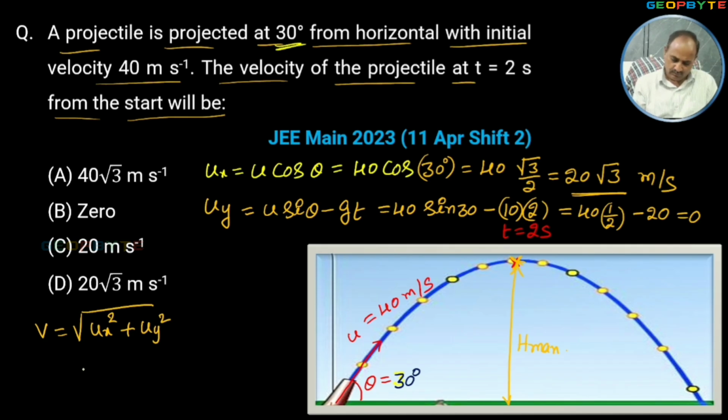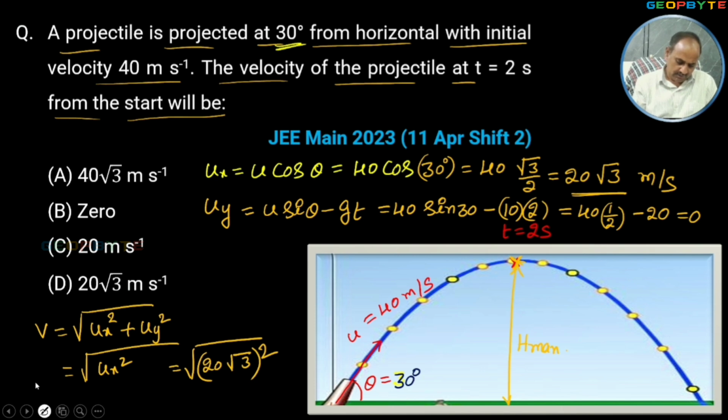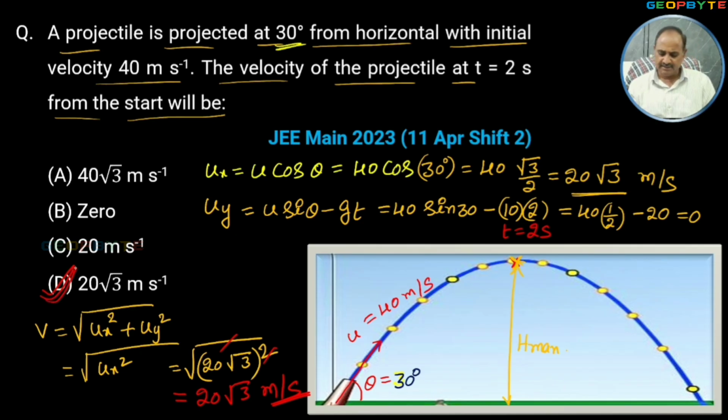Then it is equal to root over ux square, that is root over (20 root 3) whole square. The square and root cancel. Finally, the answer is 20 root 3 meter per second. That's the answer. Look at option D. Option D is absolutely correct.